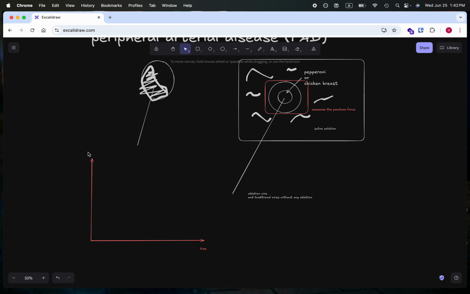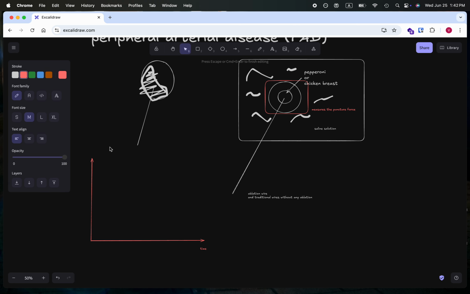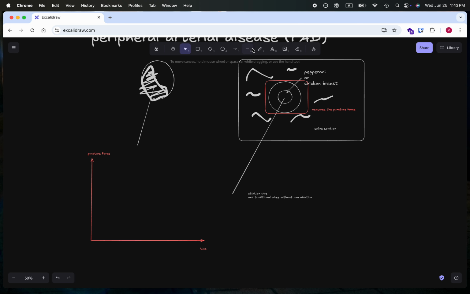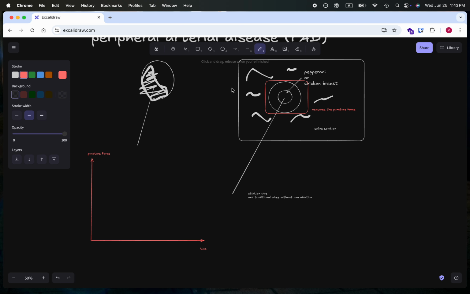This is the time axis, and this is the puncture force.